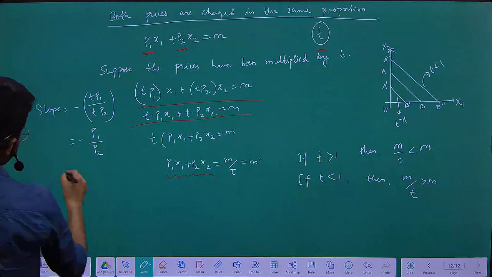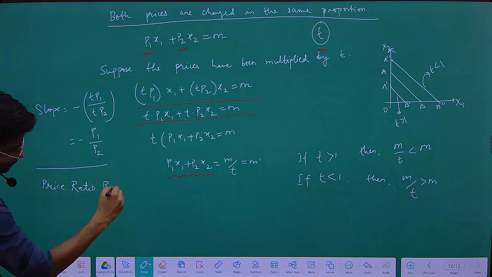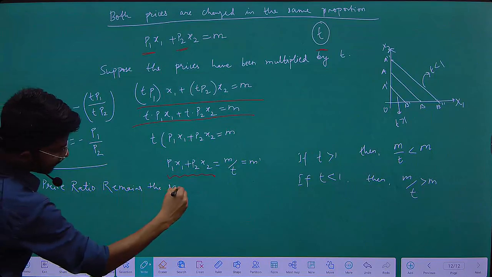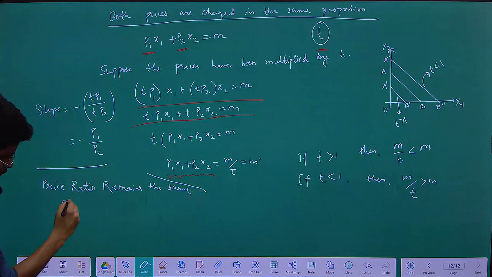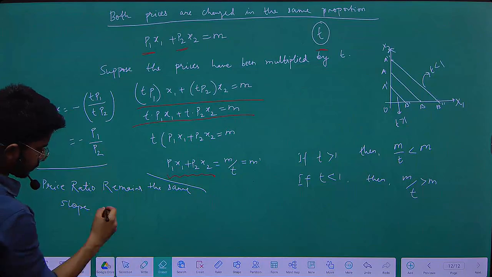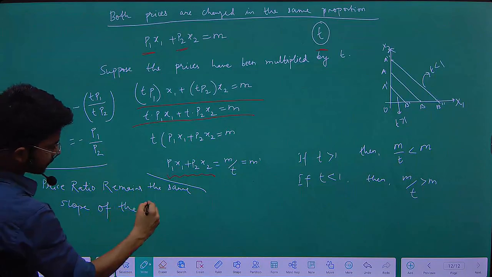Okay, so you would say that price ratio remains the same, and in this case you have slope of the budget remains the same. Just take a note of it.